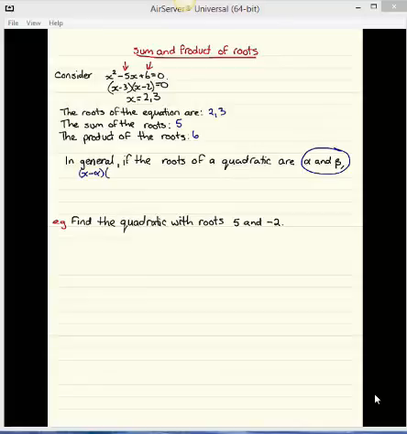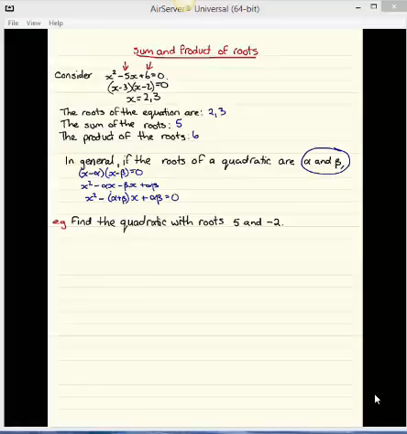And if one's beta, then x minus beta is our other factor. So when I expand that, we get x squared minus alpha x minus beta x plus alpha beta, which is x squared minus alpha plus beta, or the sum of the roots, and then plus alpha beta, the product of the roots.